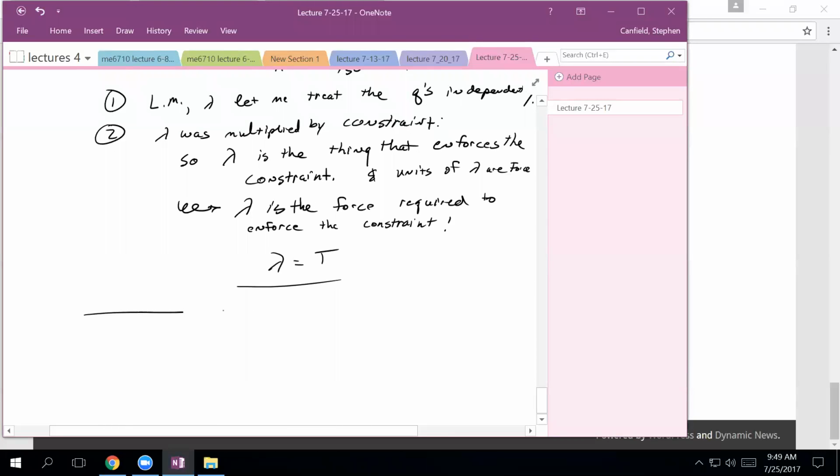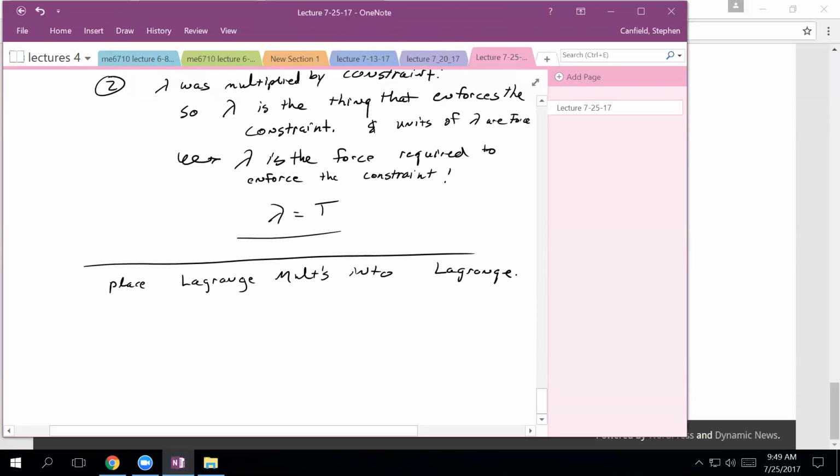Okay, we're winding down. Let's now place Lagrange multipliers into Lagrange's equations. Okay, so previously we had, I'm going to back up for a second. Previously we had this equation. When we were deriving Lagrange, just before we said, here's Lagrange's equations, we had this equation.